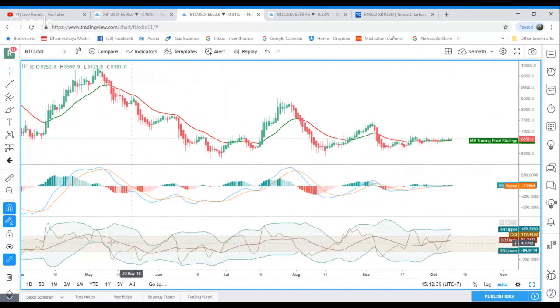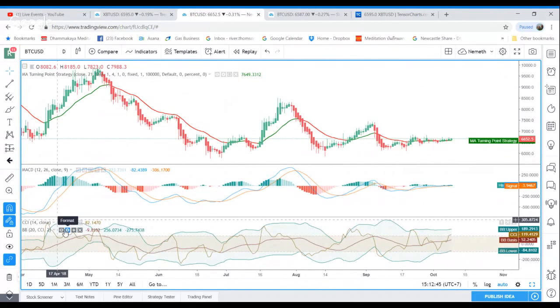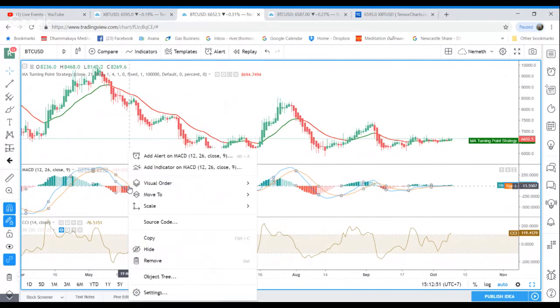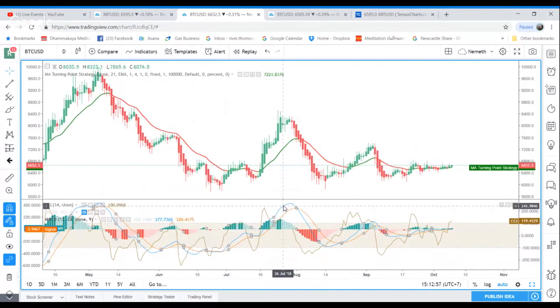So you can use this, but what he actually does is something a little bit unusual. He takes this chart and he merges it with a CCI like this. He overlays the two of them.